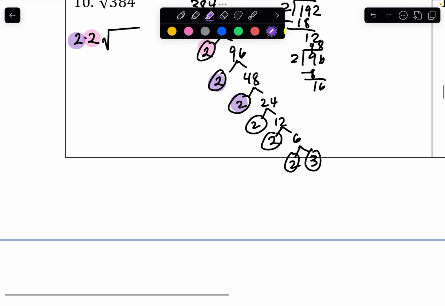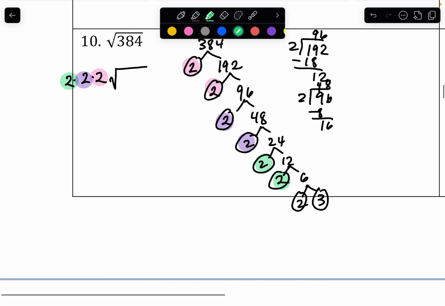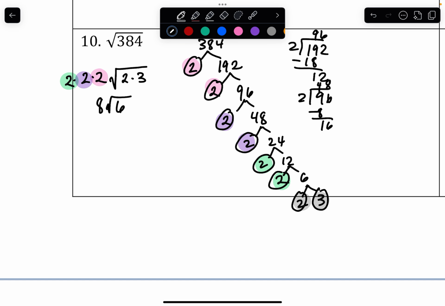We have a third pair, and those are all the pairs. And the only thing left behind is a 2 and a 3, so both of those stay in the radical. So 2 times 2 is 4 times 2 is 8. Square roots of 6 would be our final answer.